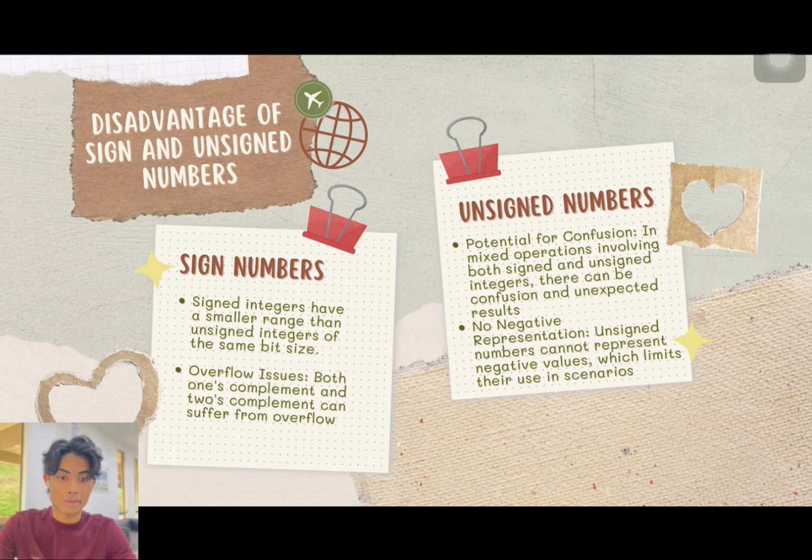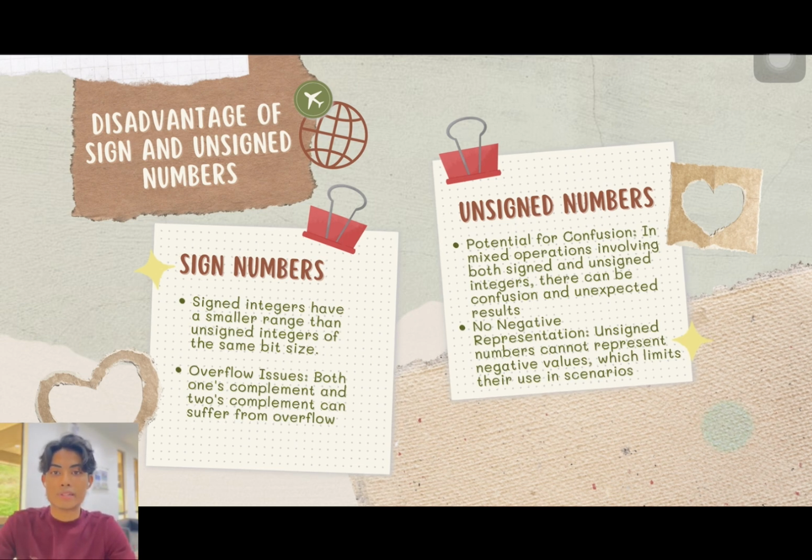For unsigned numbers, there is potential for confusion. In mixed operations involving both signed and unsigned integers, there can be confusion and also unexpected results. Another thing is that there is no negative representation in unsigned numbers. So unsigned numbers cannot represent negative values, which limits their use in some scenarios.